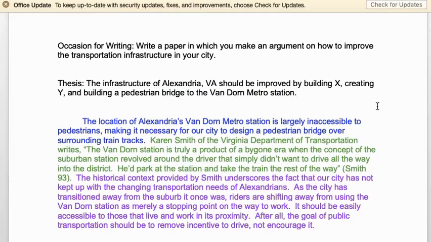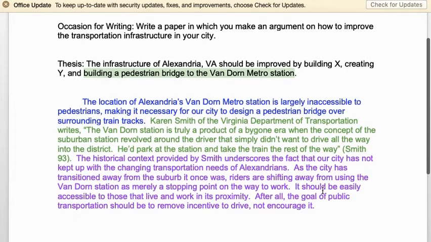I've got three main points, and following the system we've been using all year, I would have three body paragraphs. Let's take a look at that third main point and the third body paragraph I created. I have this color-coded, and if we're thinking PIE, the P, the point, is right here in blue. It's the main point from my thesis, the thing I am going to argue for in the entirety of my paragraph.